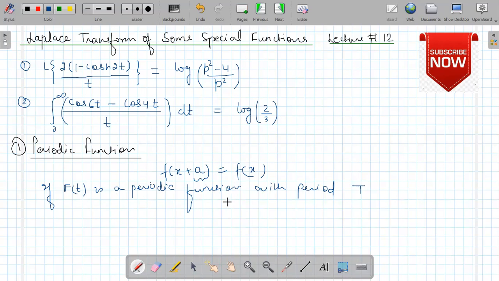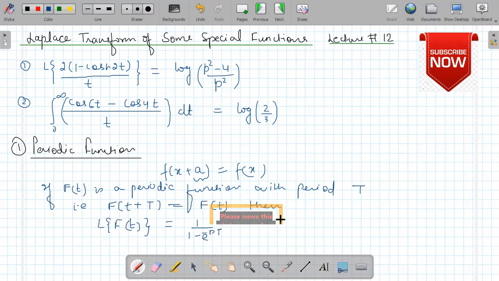If F of t is a periodic function with period T, that is f of t plus capital T is equal to f of t, then the Laplace of such a function which is periodic having the period capital T is defined as 1 upon 1 minus e to the power minus pT, where capital T is the period of the function, times integral 0 to capital T e to the power minus pt f of t dt.